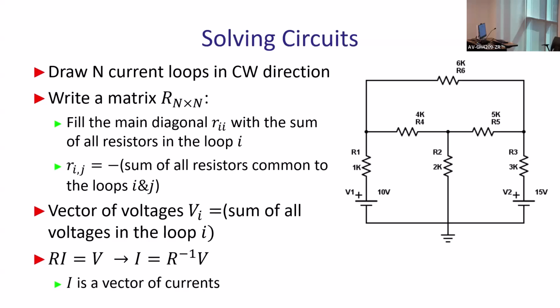Okay, so let me first copy the circuit that we'll have here. And very conveniently, the number of the resistor will be equal to the number of kilo ohms for that resistor, that's easy to remember. Okay, so here's the circuit.